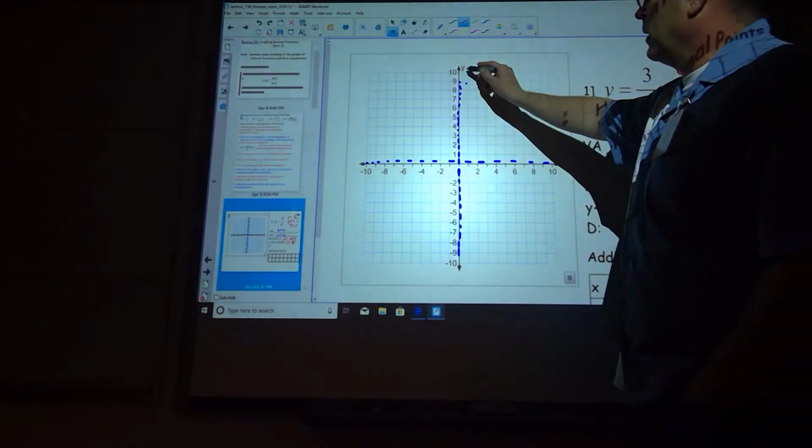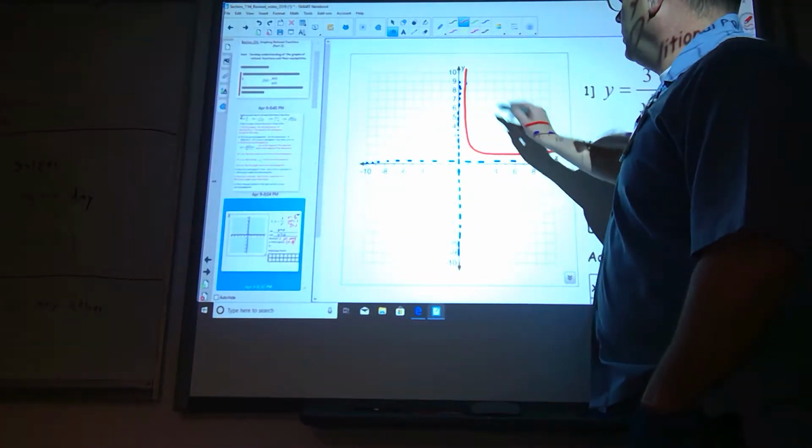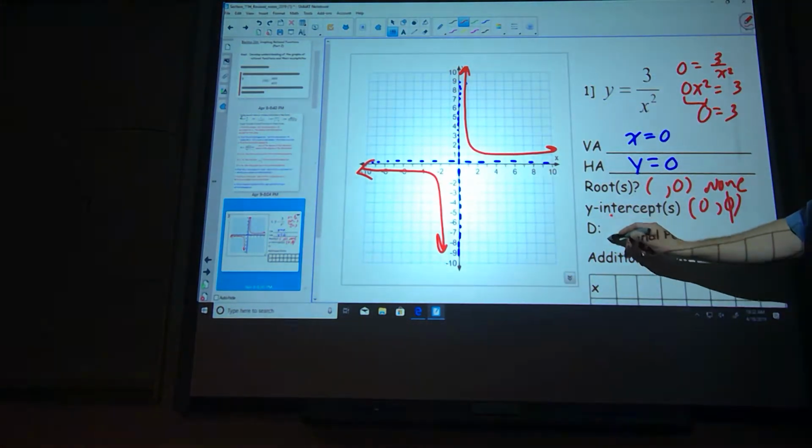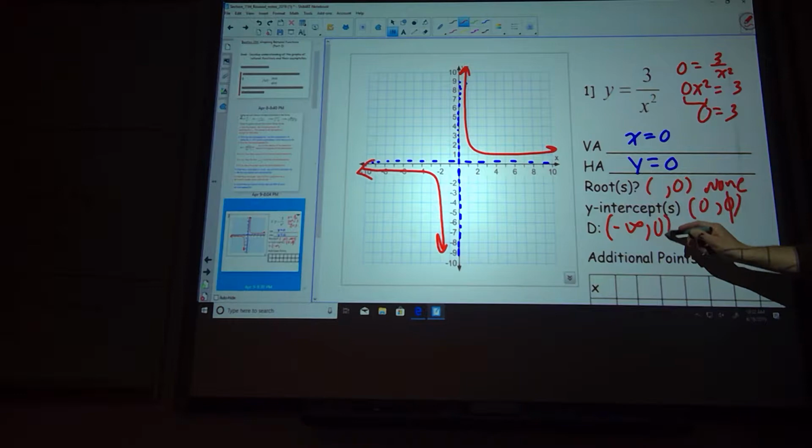If I were to look at what my graph actually looked like, it would be this and this, with a domain of negative infinity to 0 and from 0 to infinity, and then additional points. I don't see a whole lot of work by you plugging in extra points. You start at 0, it's not going to happen. You start at 1.